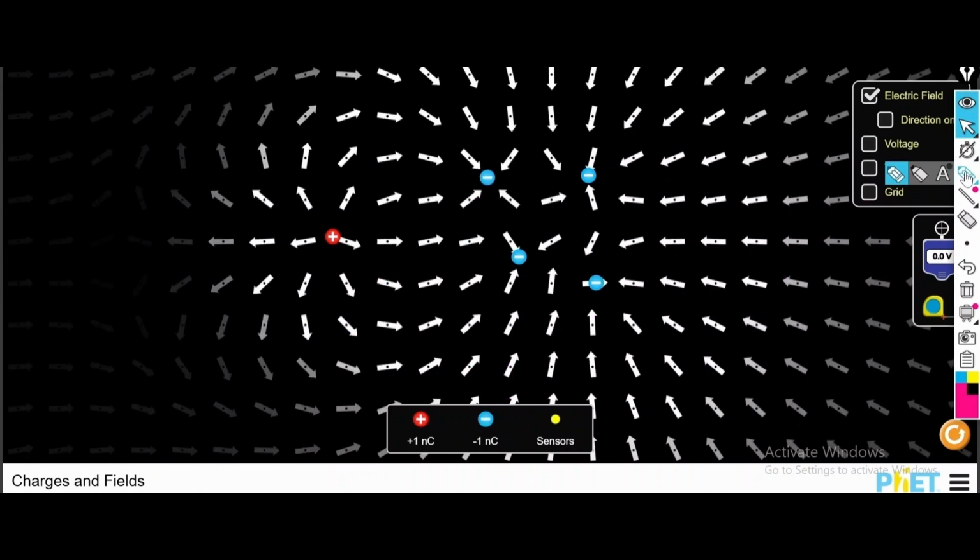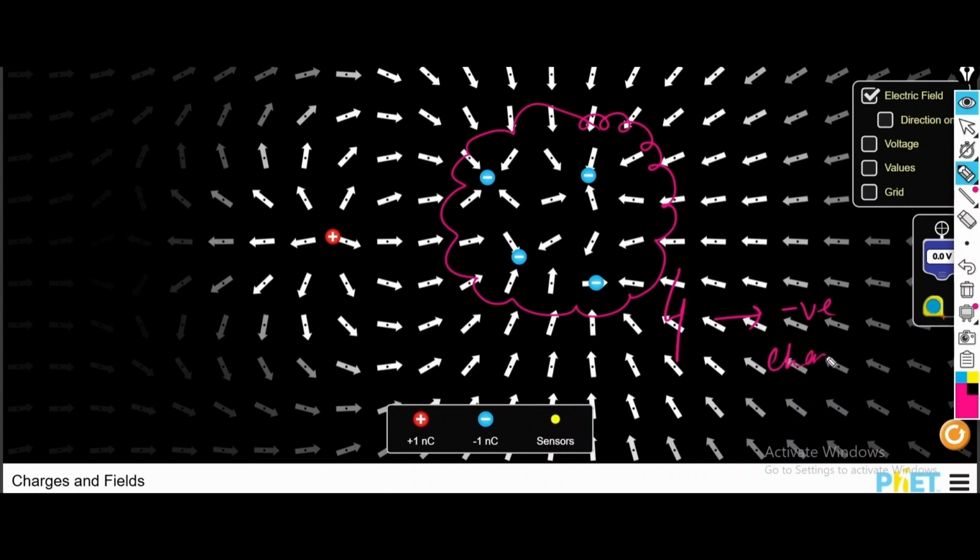So we can say that the overall negative charges are 1, 2, 3, 4. Here there are 4 negative charges, not in fractions, but as a whole, 4 charges. It is not 4.2 or 4.1.